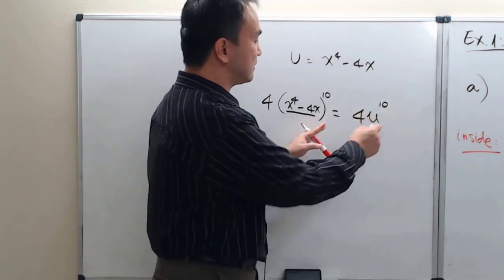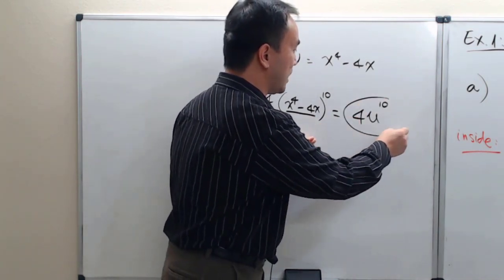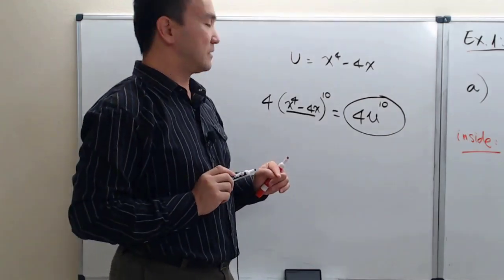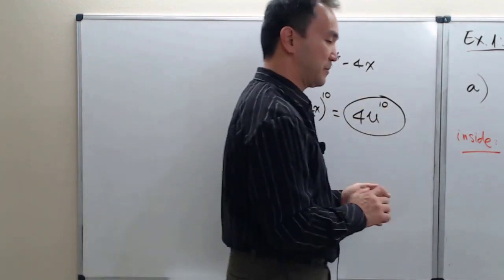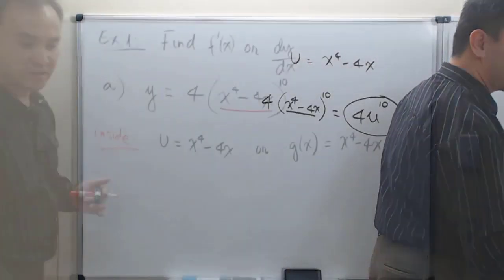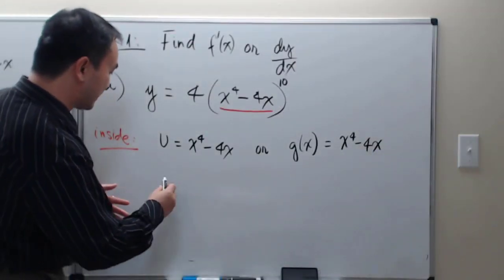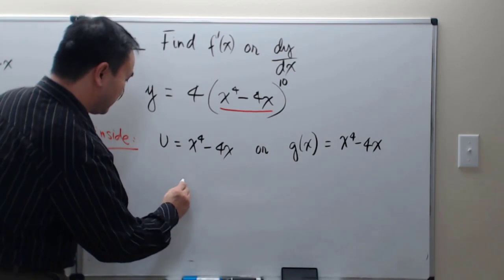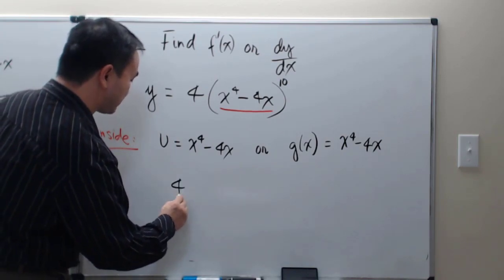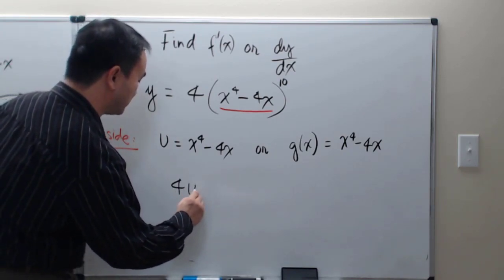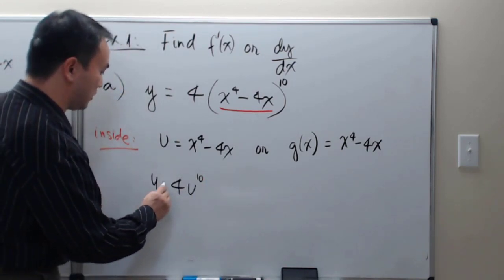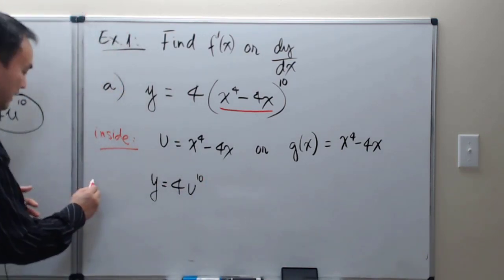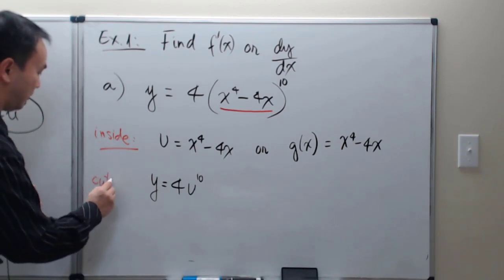So this means we have well recognized that this part right here, 4 times u to the 10th, is our outside function. Okay, and so back to my formal work. So now I'm recognizing that 4 times u to the 10th power, and of course this is y equals, is my outside function.